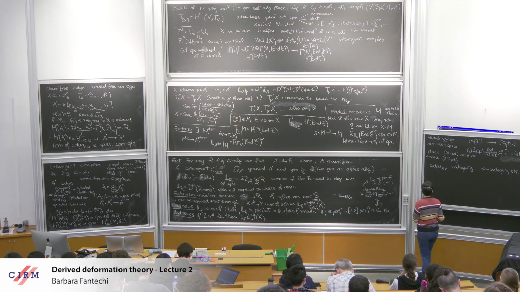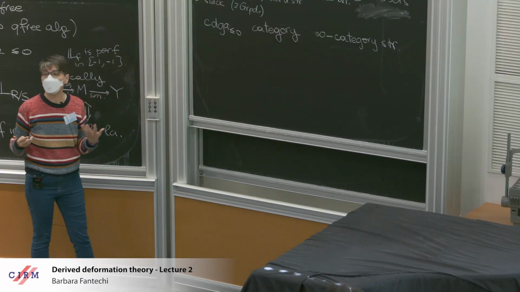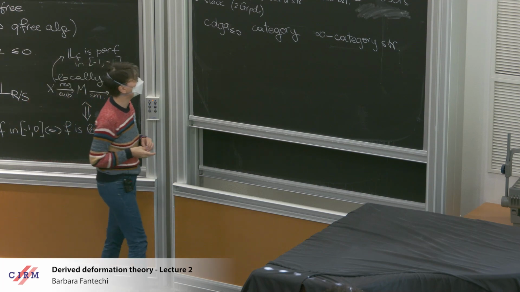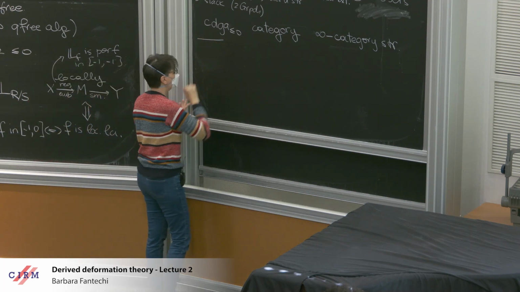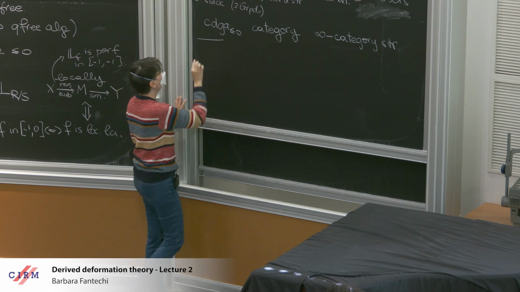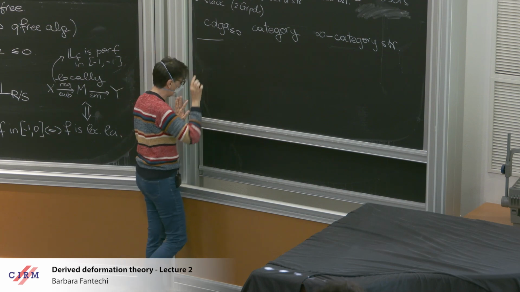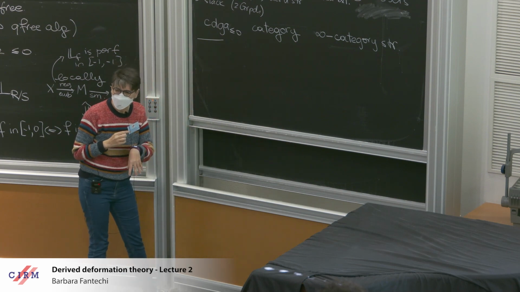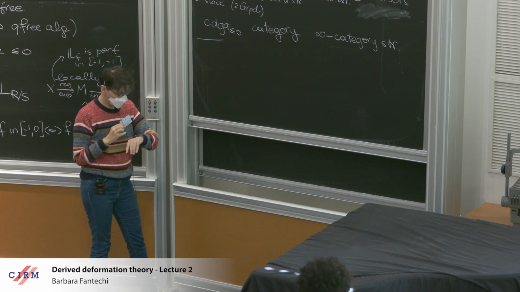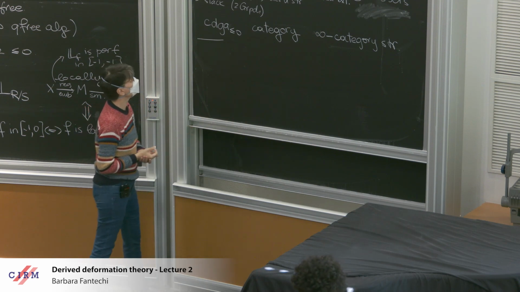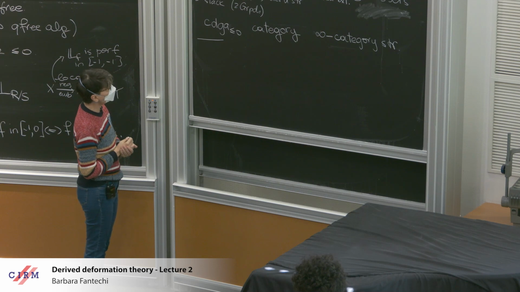But it has the advantage that it's a bit more geometrical, which is something I like. So let me make a detour. What time did I start exactly? 12 minutes. Okay. So what did I start with?